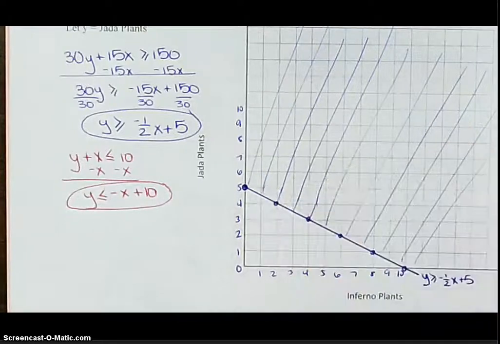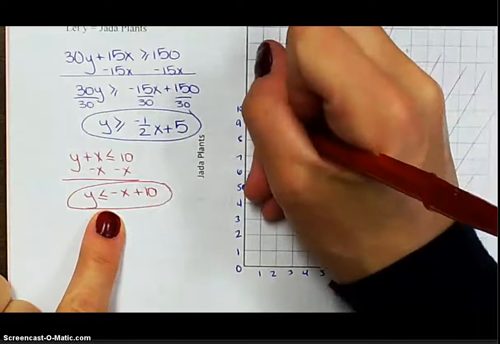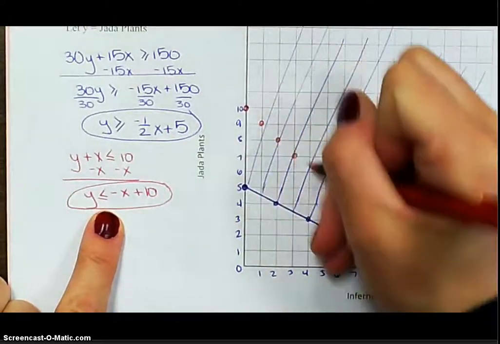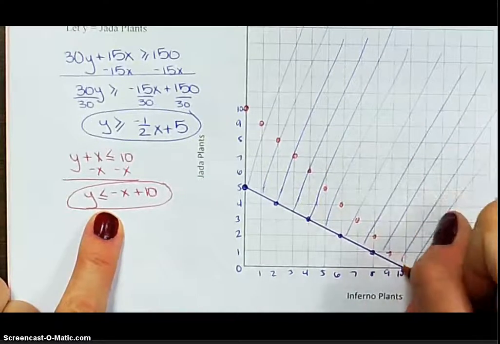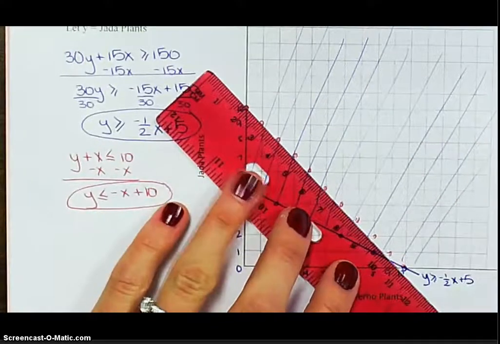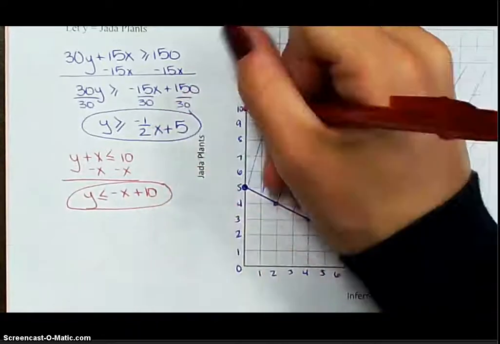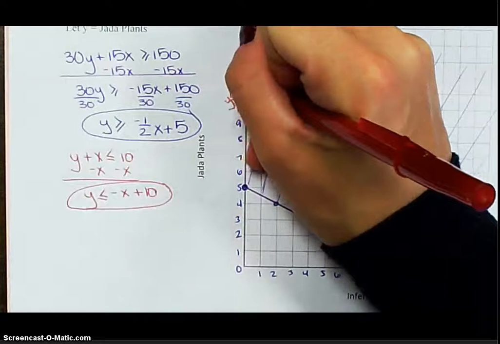Now I'm going to change colors and graph my second inequality. This one starts at 10 and my slope is negative 1, so it goes down 1 over 1. Again, this is less than or equal to, so it's a solid line. This is y is less than or equal to negative x plus 10.